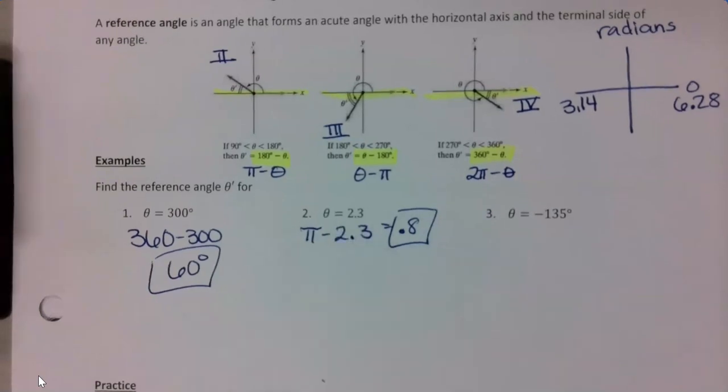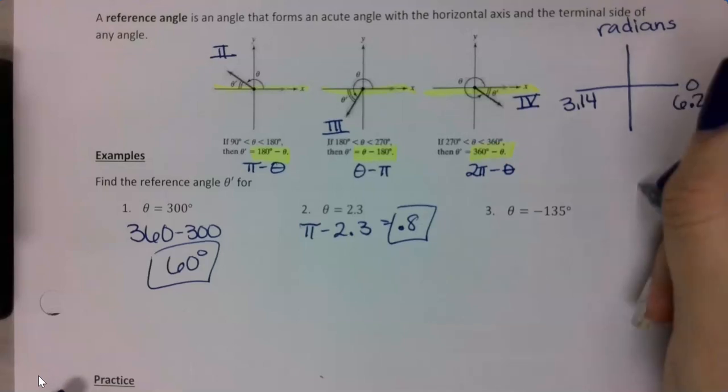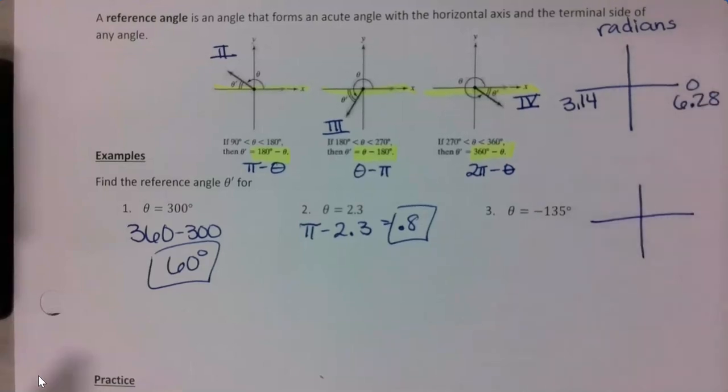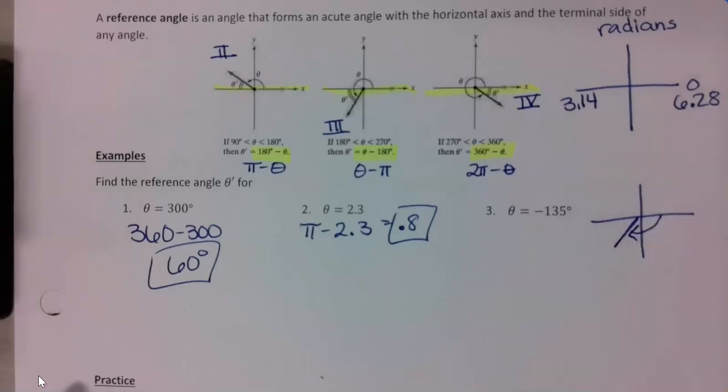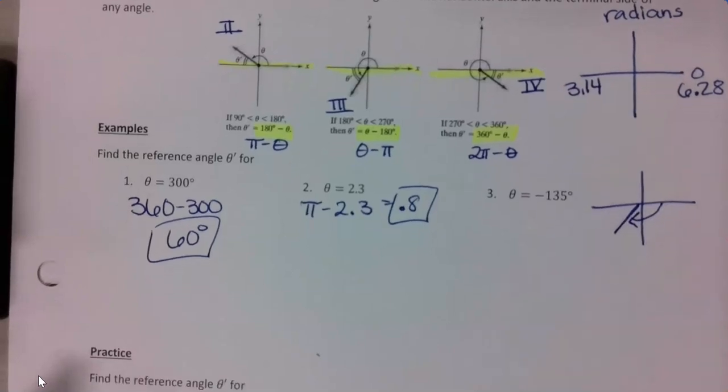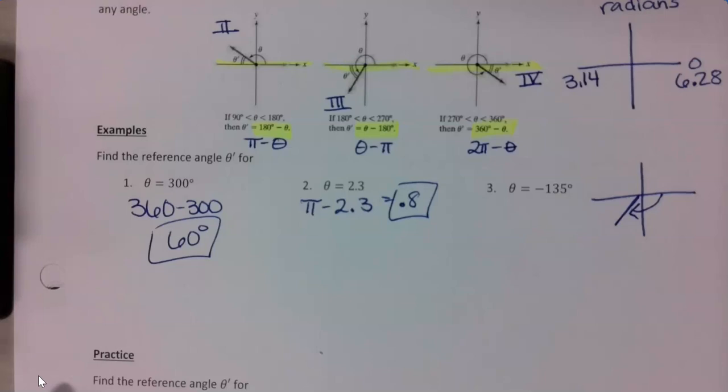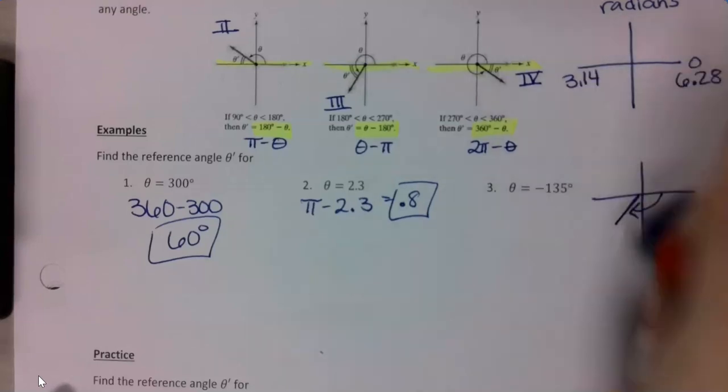Okay. Number 3, this one gives it to me as a negative degree. Negative 135, yeah, it goes the opposite way. It's right here. So I really want to find this angle measure right here.